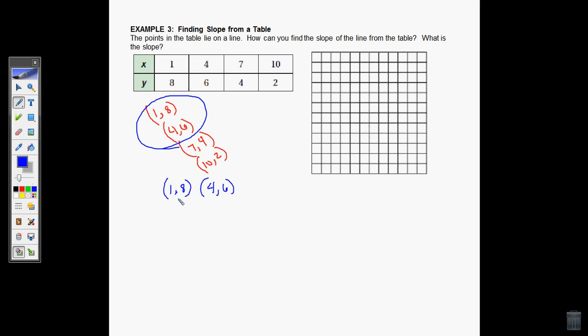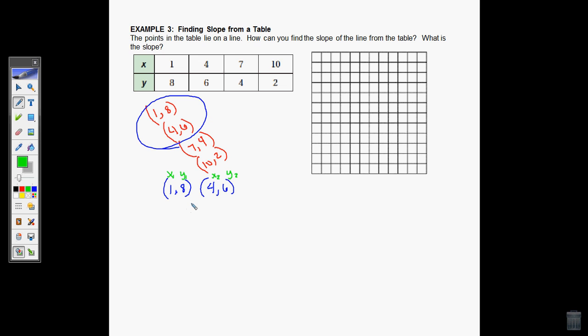So what I'm going to do is just label them. First of all, this is an x, and this is a y. This is an x, and this is a y. But in order to separate them from each other, because I'm going to get confused if I'm saying that this is called x and this is also x, and this is y and this is also y, I'm going to call this the first x and the first y, and this the second x and the second y. x1, y1, x2, y2.